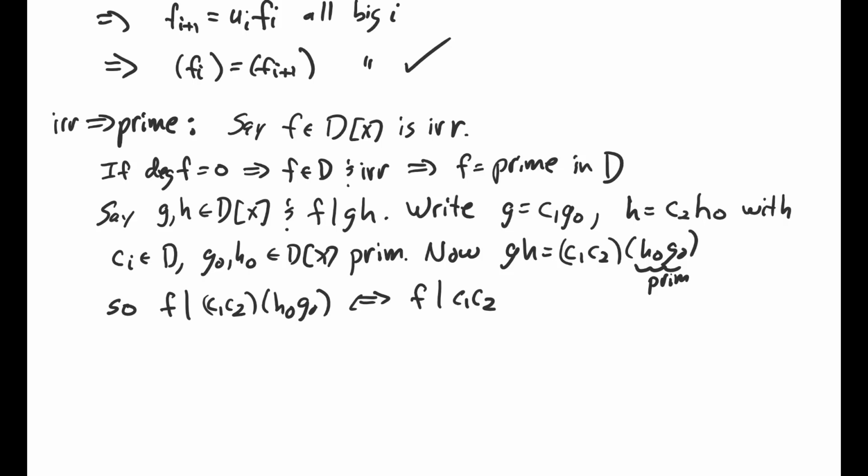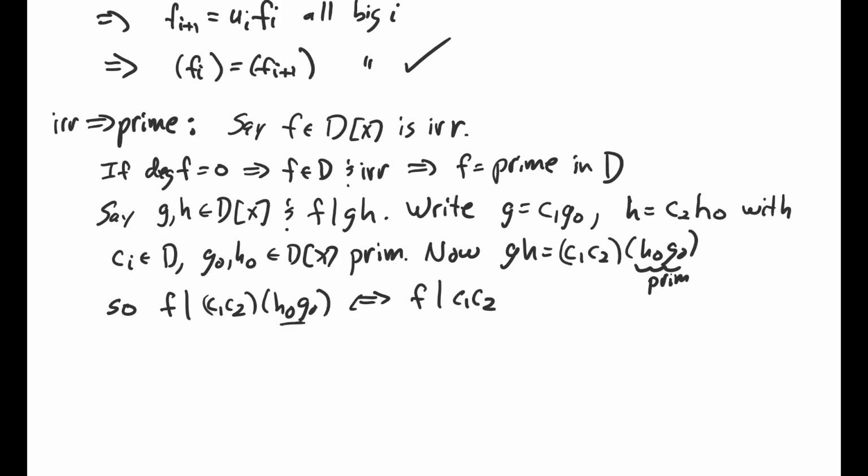Then g times h is a couple constants in D times something that's primitive. So you have a constant times a primitive polynomial, and we have a constant, f, dividing it. And the only way that can happen is if f divides every single coefficient of this polynomial. Well, these have no common divisors other than units.